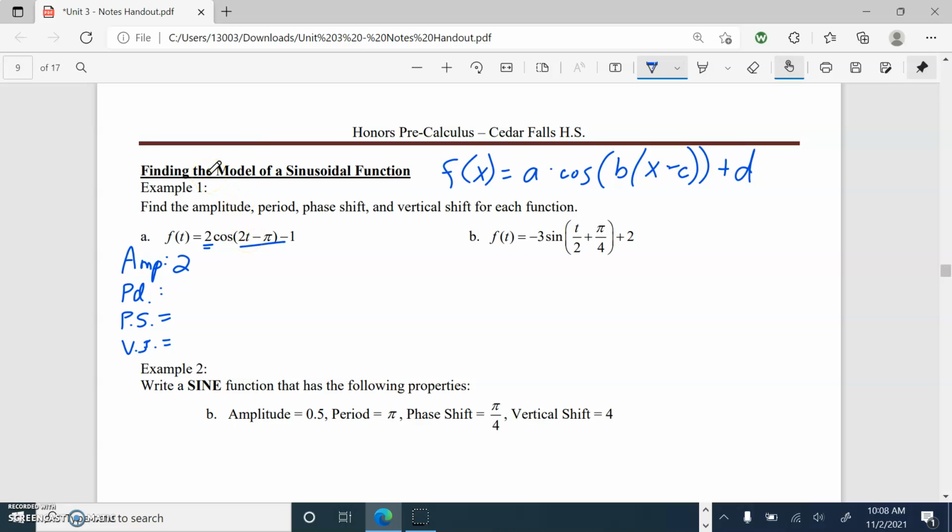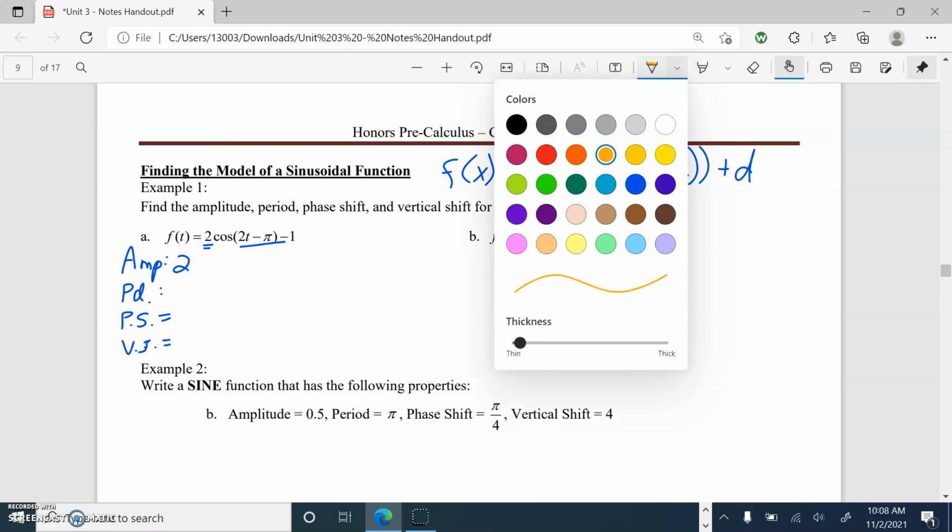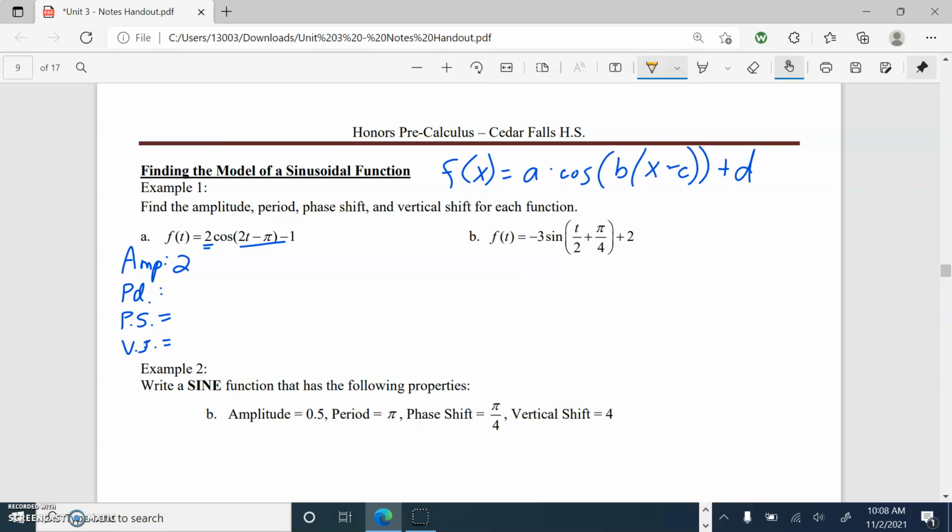So we really need to start over with our equation and say that it is equal to 2 cosine of 2 t minus something.